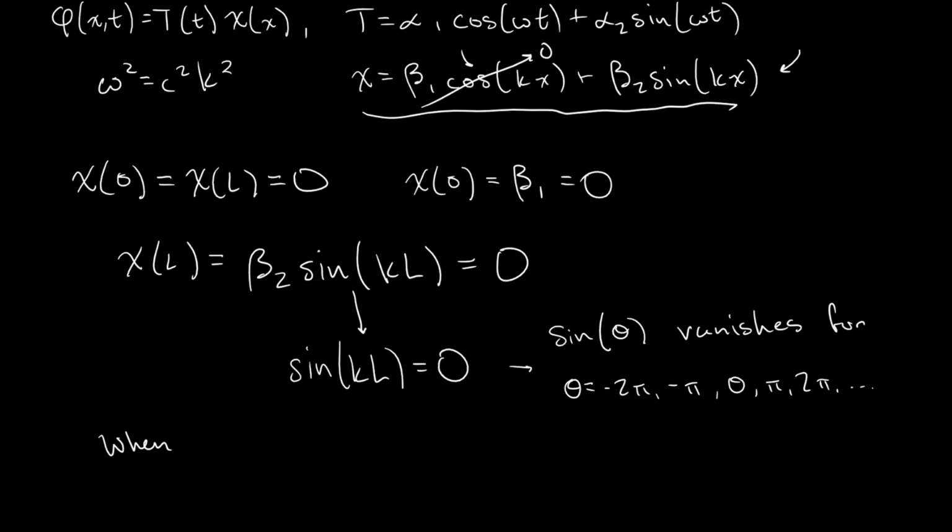So when theta, which in this case is KL, is equal to some integer, which I'll call n, times pi, this is going to vanish.